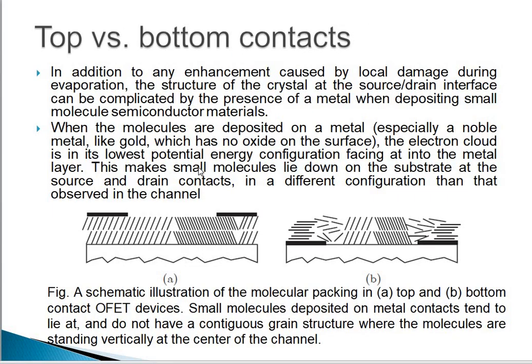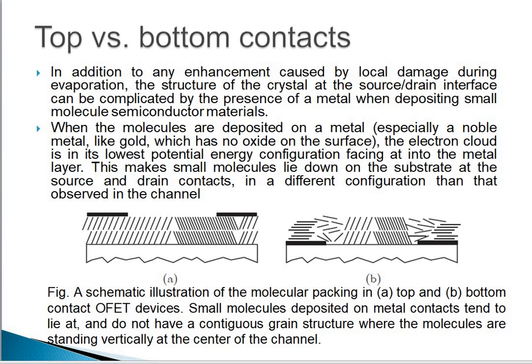Next is the top versus bottom contact. In the top contact, the metal is on top of the pentacene, and in the case of a bottom contact, the metal is underneath the pentacene material. Pentacene is basically an organic field effect transistor material. In addition to any enhancement caused by local damage during evaporation, the structure of the crystal at the source-drain interface can be complicated by the presence of a metal when depositing small molecular semiconductor material.